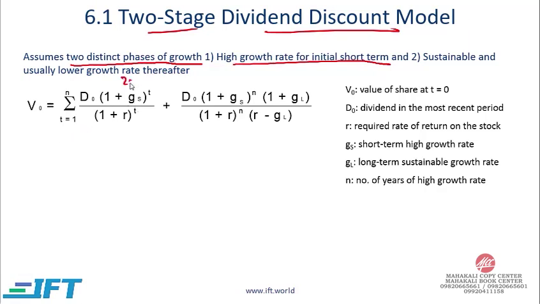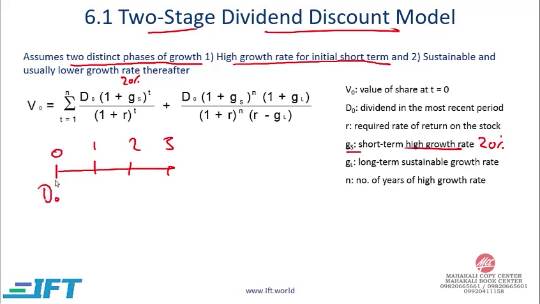The 20% is denoted by GS, which stands for the short-term high growth rate. So in a simple example, let's say that this is 20% and say that we expect this to happen for 3 years. So how do you draw this out? 0, 1, 2, 3.